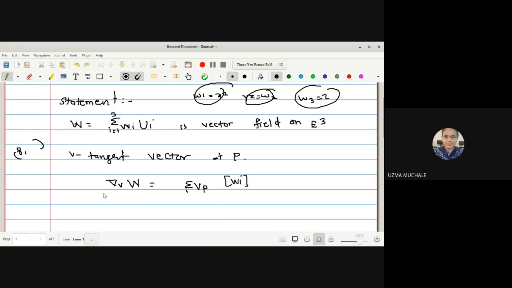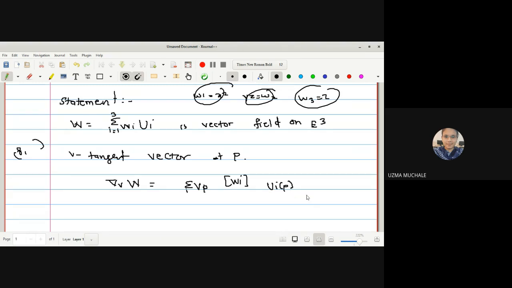Okay. So here del V W is equal to summation of Vp Wi Ui at a point P, that is the directional derivative of those functions Wi. Correct. So we have to prove this.